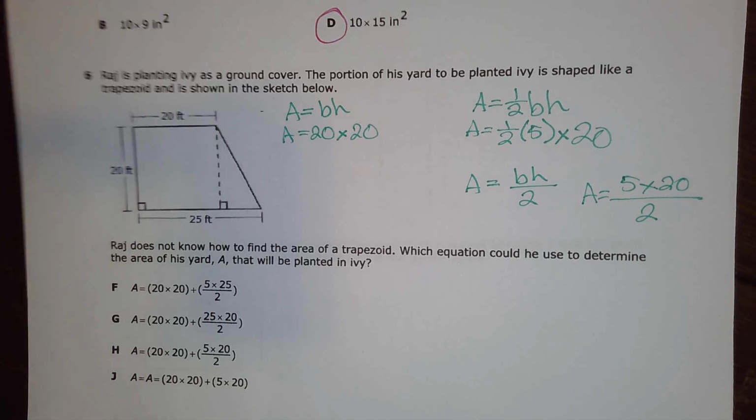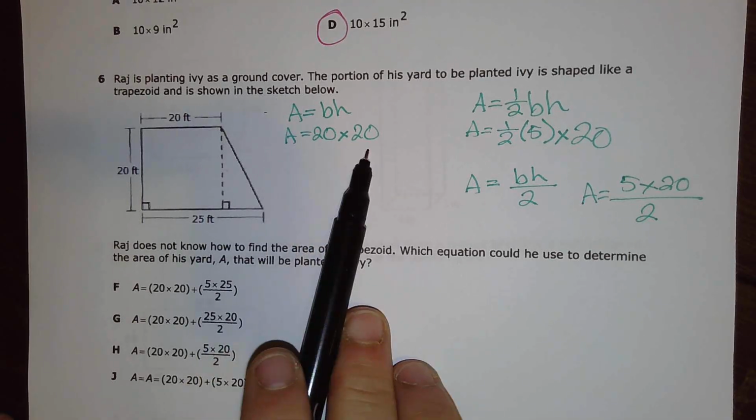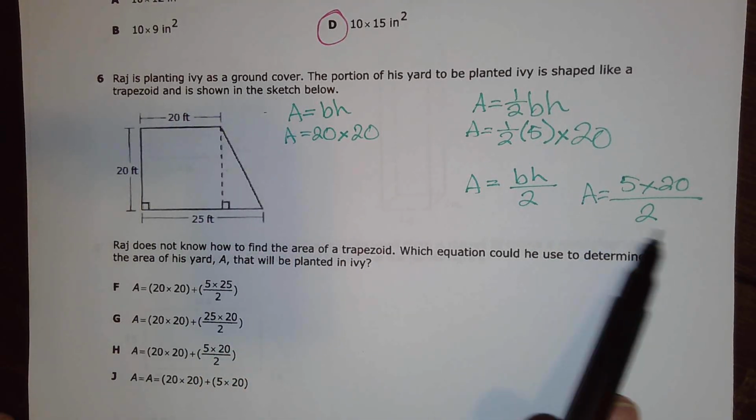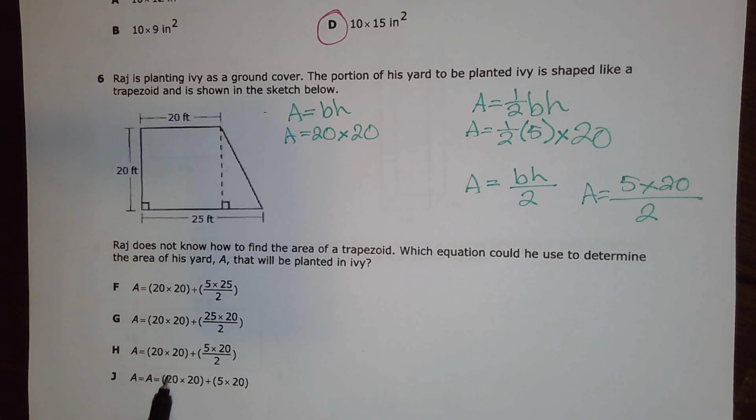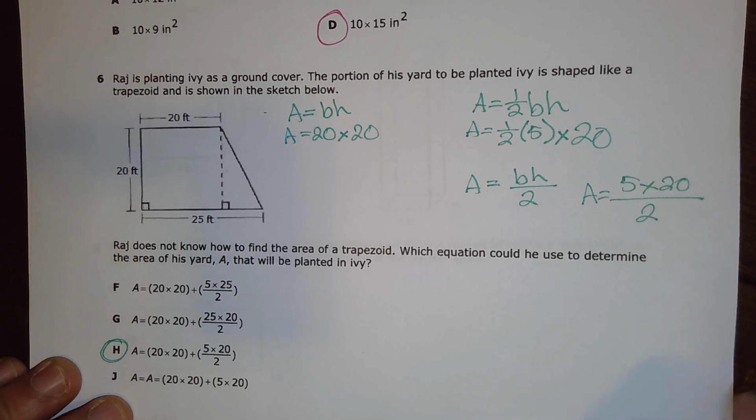So now we have part 1, we have part 2. We would combine these two areas together, and the only answer choice that makes sense to choose here would be H, okay? The area of your rectangle plus the area of your triangle, okay? There is an actual formula for area of a trapezoid, but we'll get to that when we get to that. All right, next page.